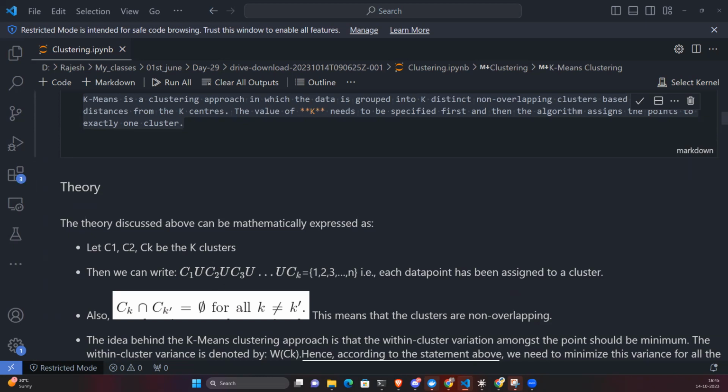I have a doubt. You told one data point will belong to only one cluster. But what if we have two clusters with centroids, and one point which is at equal distance to both centroids?